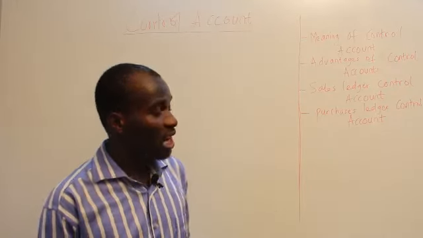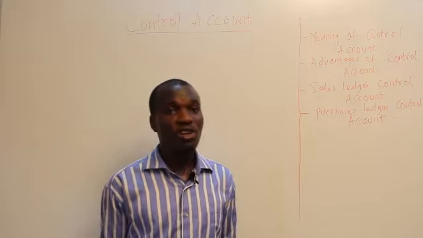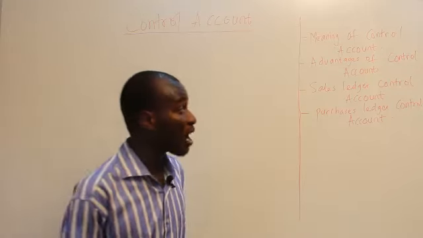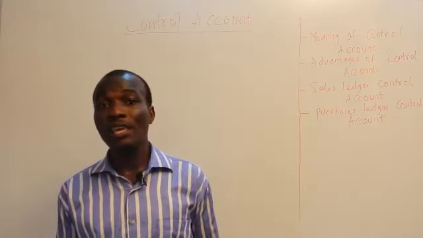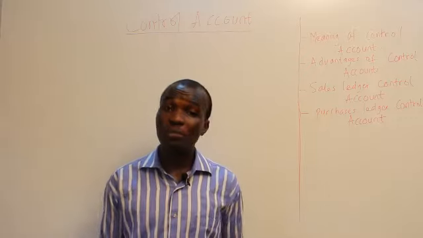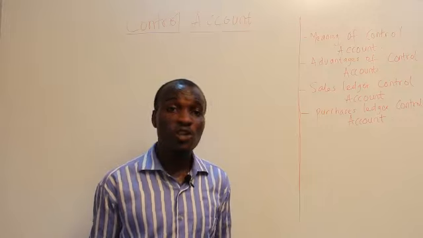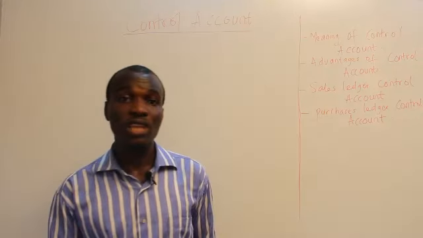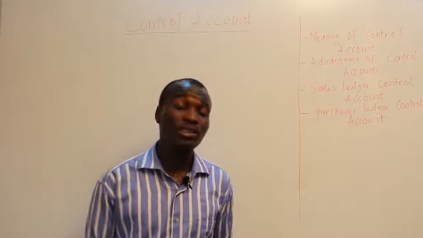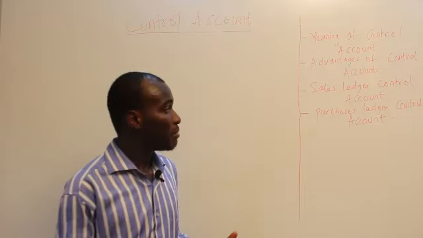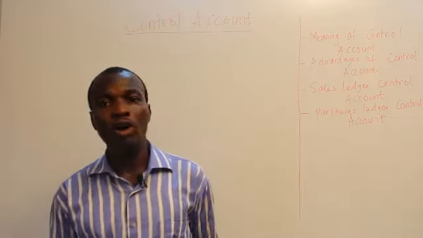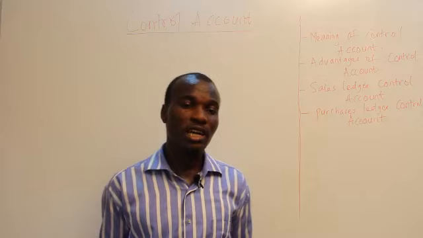The sales ledger control account gives us a summary of total entries of all individual accounts in the sales ledger or debtors ledger, while the purchase ledger control account gives us a summary of total entries of all individual accounts in the purchases ledger or creditors ledger.